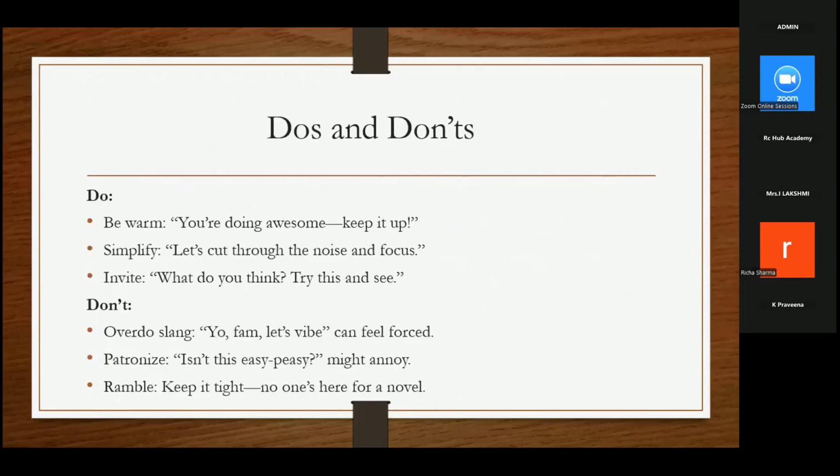And very important, what we should do and what we should not do. So two things are there. One, be warm, simplify and invite. Always use positive notation in self-learning materials. Whereas we should not go for technical words, as I have written in my presentation. You can see words like "fab" or "vibe", which are too technical and cannot be understood by learners who have just started learning, so you should avoid that.